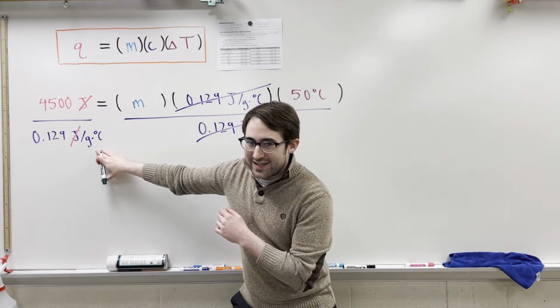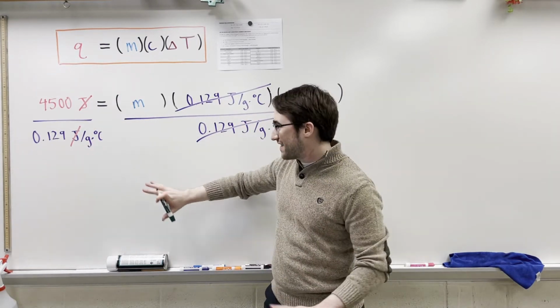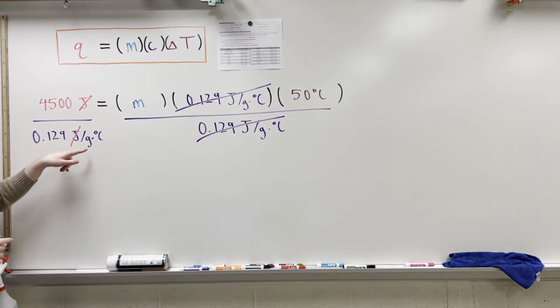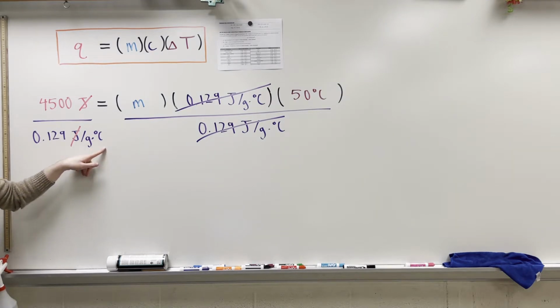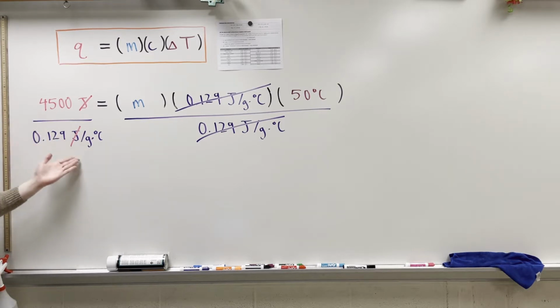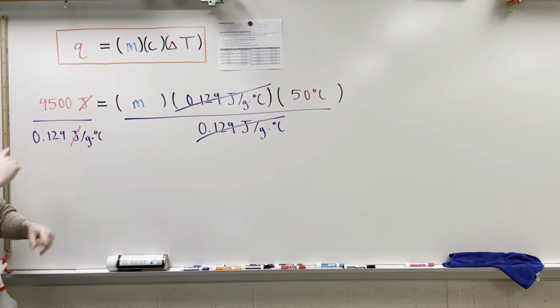Now this is something that always bothers me with units. We are dividing by something that has units that are essentially being divided. This per grams and per degree Celsius is basically being divided from the joules unit here. So what happens when I take something that's being divided and divide it? It kind of undoes itself.